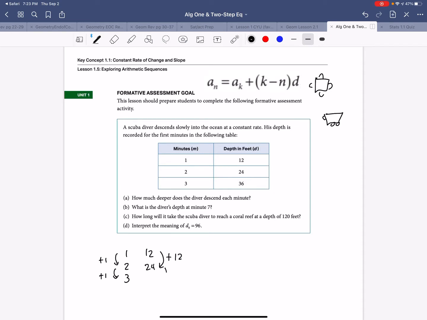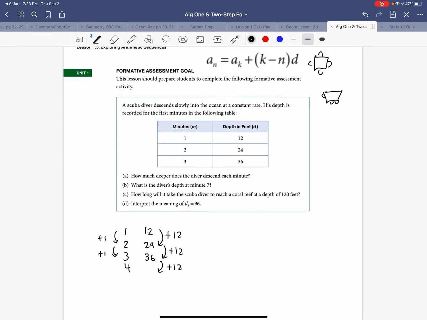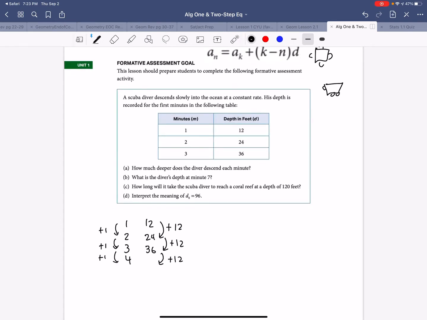All right, and then down another 12, and then down another 12. And I just continue this pattern. So that'd be 84, down another 12.